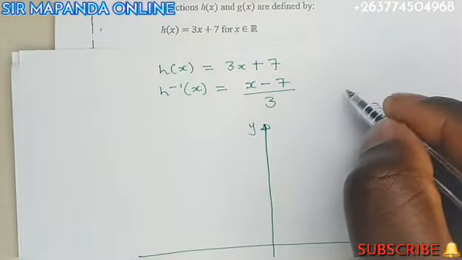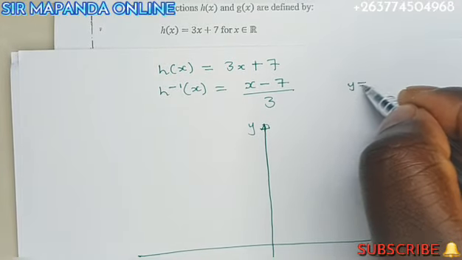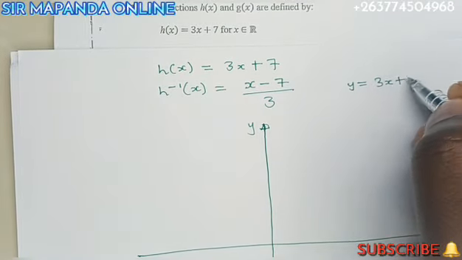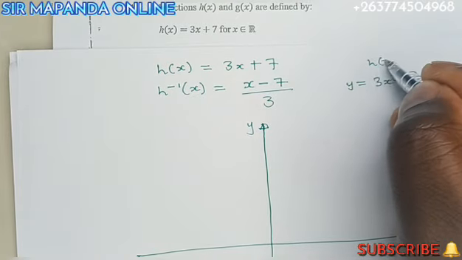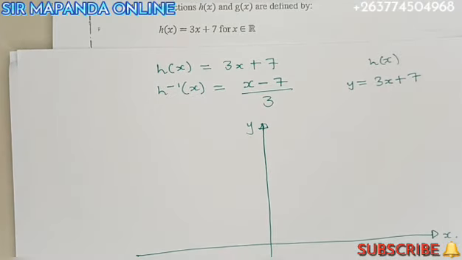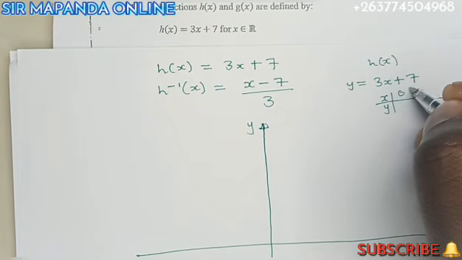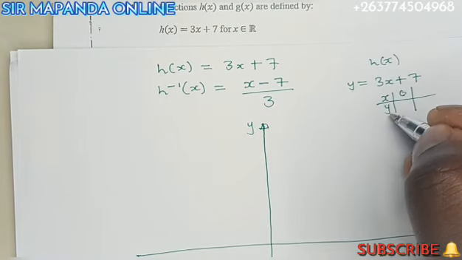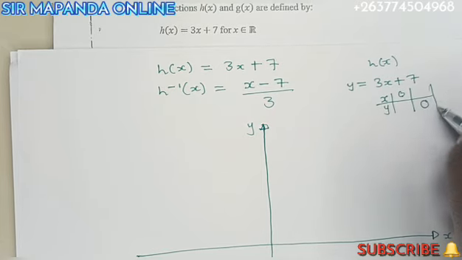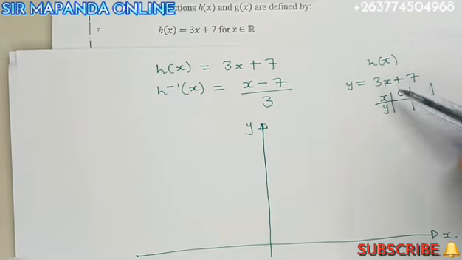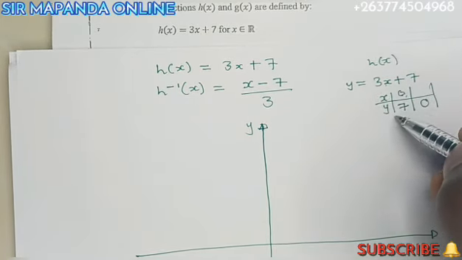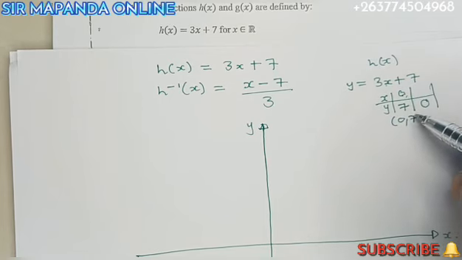Right. Here we can say y is equal to 3x plus 7, representing h of x. So creating the table values, we need to find the value of y when x is 0 and the value of x when y is 0. So if we put 0 on x, you find out that y is 7. We have 0 and 7.